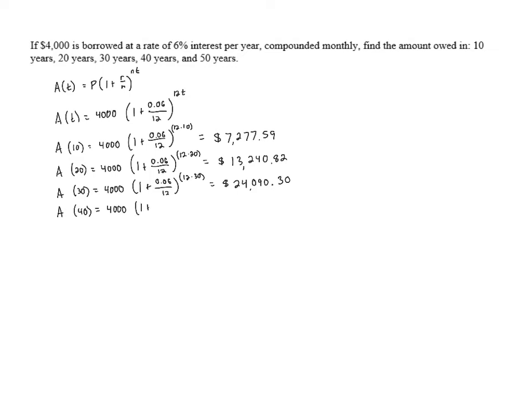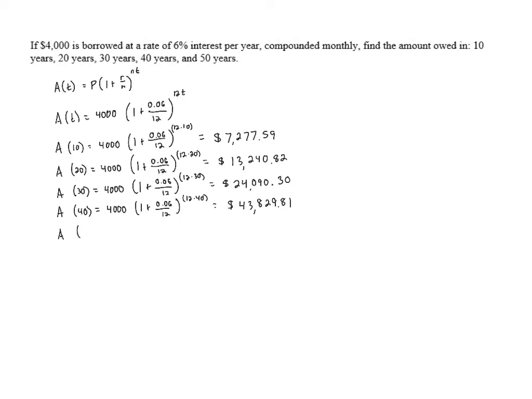Again, nothing changes except the value of t, which goes in the very end of the exponent. When we change from 30 years to 40 years, do you want to take a guess how much it's going to be? Well, in the end, it is $43,829.81.